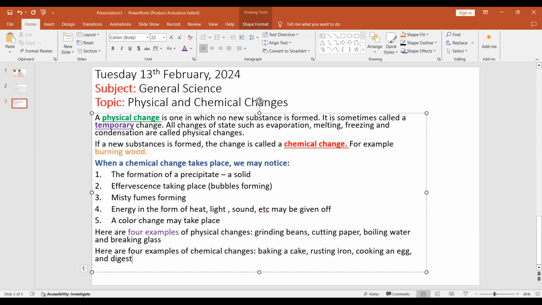Chemical. Yeah. So these are all examples of chemical changes.